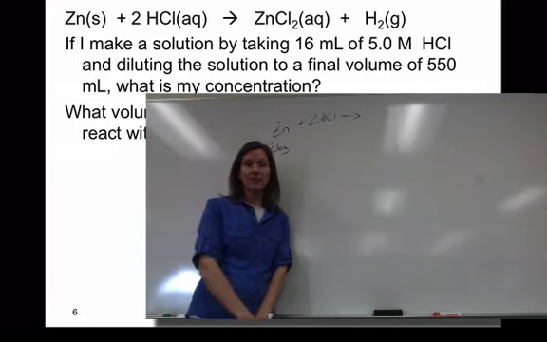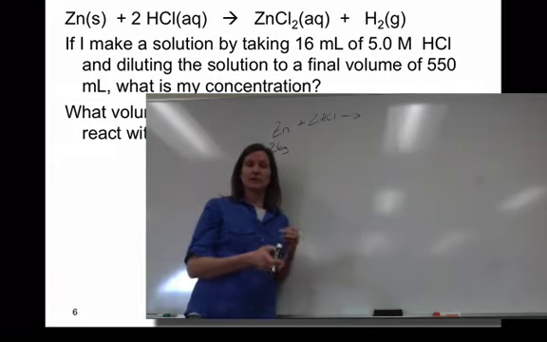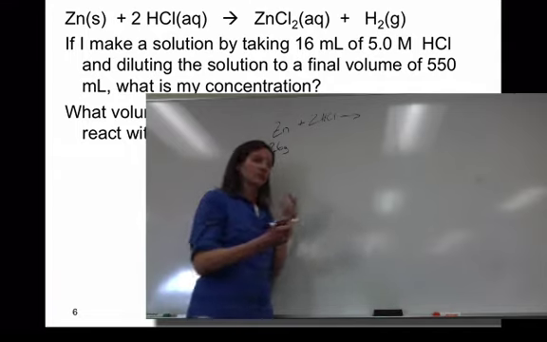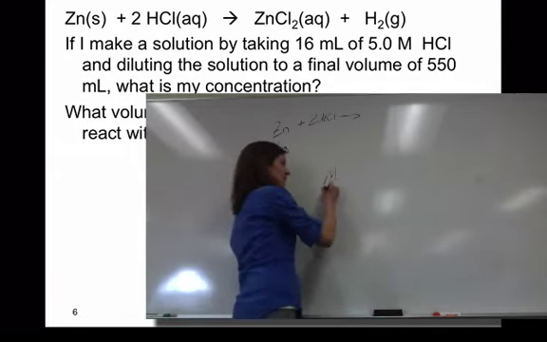Now we can combine our stoichiometry with other types of calculations. So for the first one here, if I made a solution by taking 16 mL of a concentrated solution and diluting it, that means this first problem is an M1V1 problem.